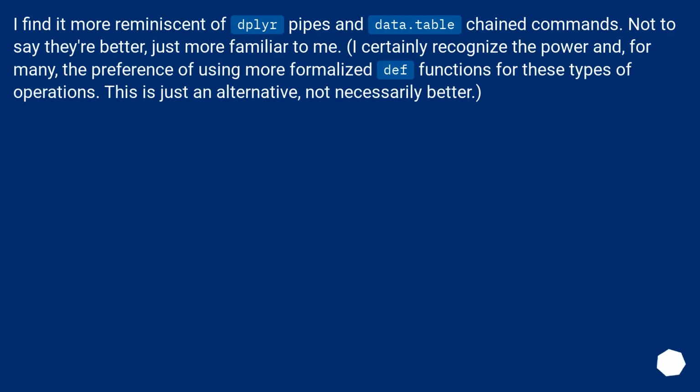I find it more reminiscent of dplyr pipes and data.table chain commands. Not to say they're better, just more familiar to me. I certainly recognize the power and, for many, the preference of using more formalized def functions for these types of operations. This is just an alternative, not necessarily better.